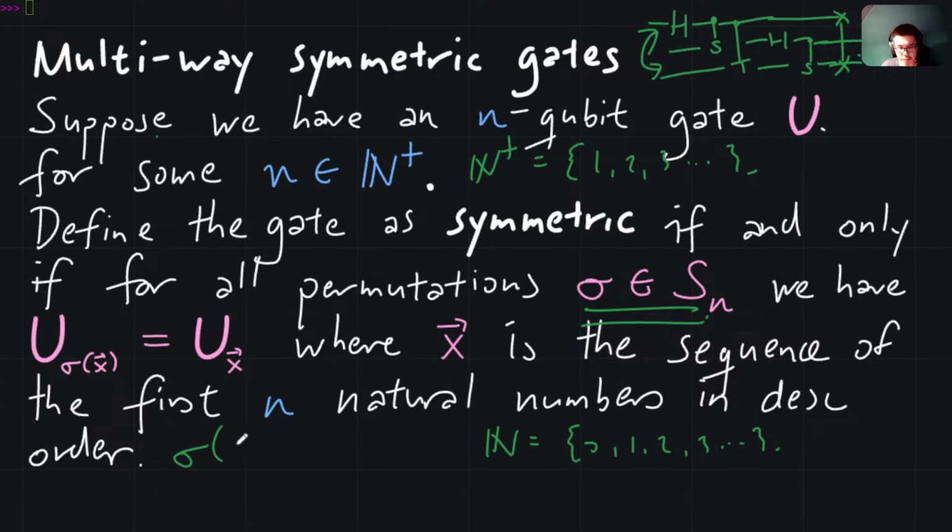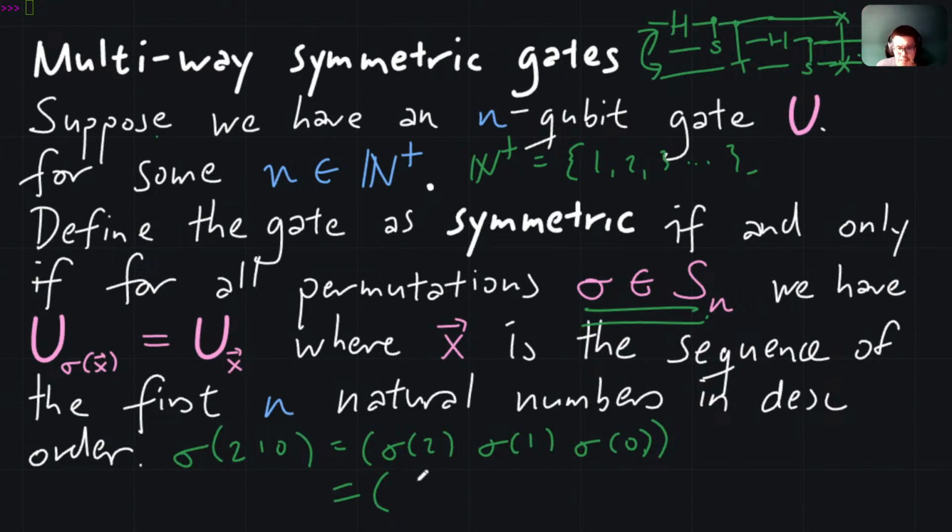For example, let's say sigma of 210 is actually equal to, by definition, sigma of 2, sigma of 1, sigma of 0, which broadcasts it to, let's say, 2, this is a master gate, and 1, 0 are the target gates, 0 and 1.